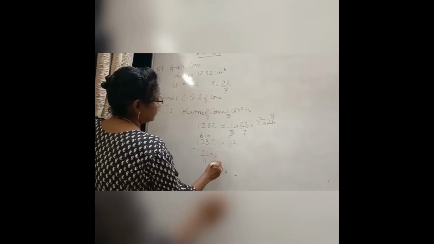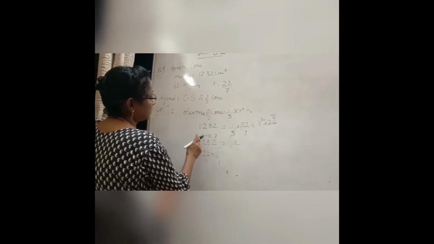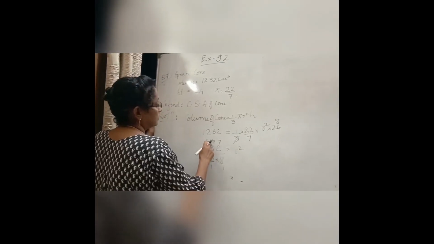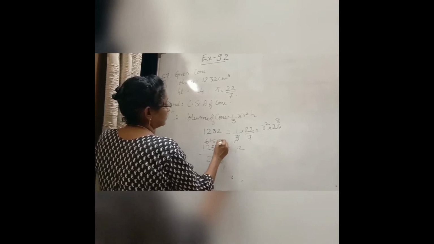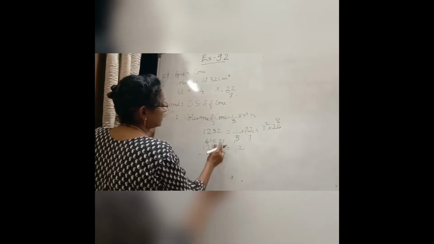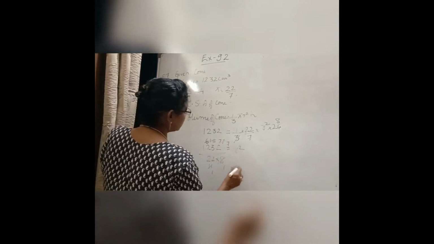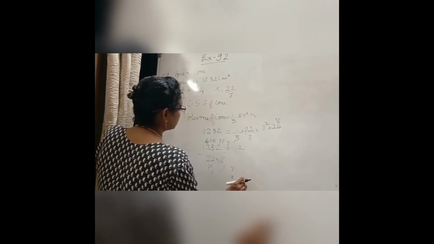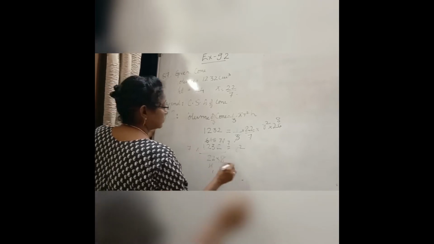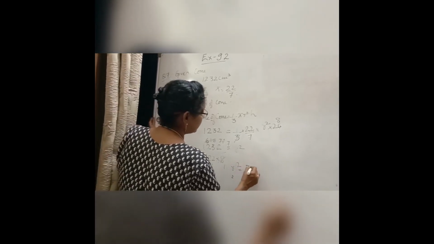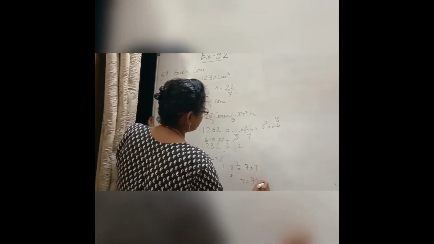Now 8 ones are 8, 7s are 56, 6. So this is cancelled and 77. So 11 ones are and 11 sevens are. So r square is equal to 7 into 7. Therefore r is equal to 7 centimeter.